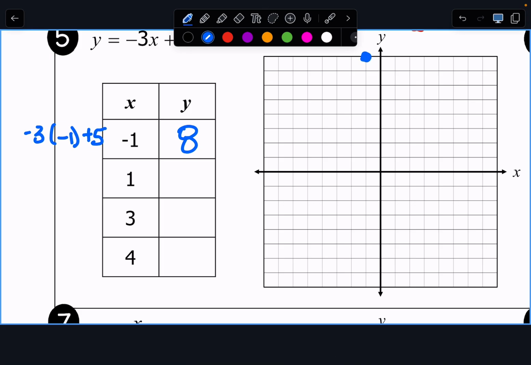We're on number 5. Negative 3 times negative 1 plus 5. What happens when we take negative 3 times positive 1 plus 5? What are we going to get there? Yes, we're going to get 2.